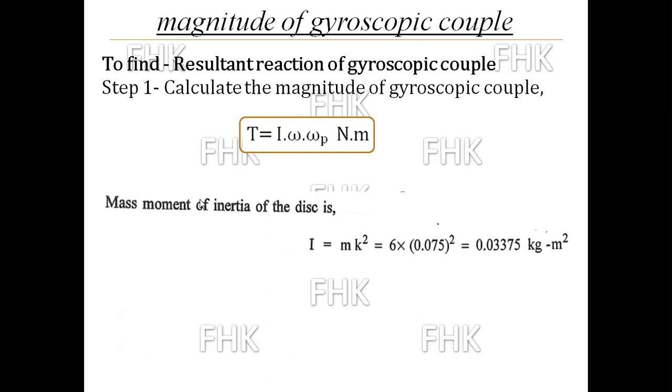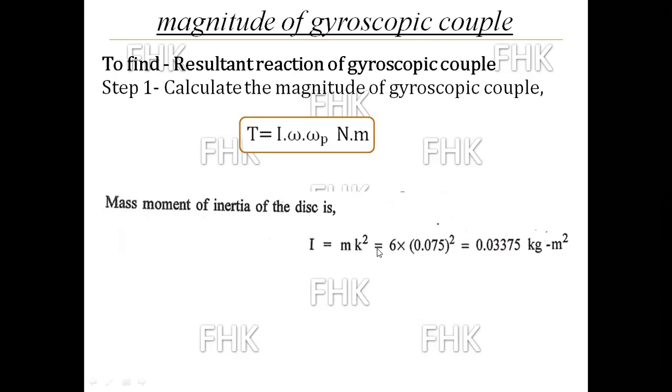Putting in the values, the mass moment of inertia of the disc is I equals m k square, as you learned in subjects like strength of materials. K is the radius of gyration and m is the mass of the rotating disc or rotor. So putting the values of mass in kg, don't convert that mass into Newton.